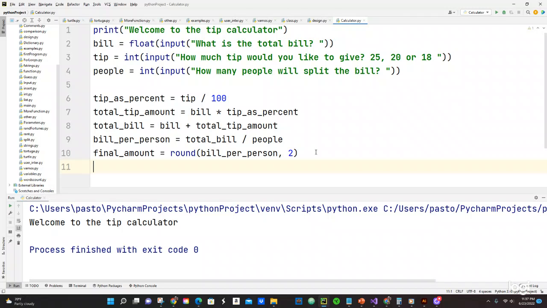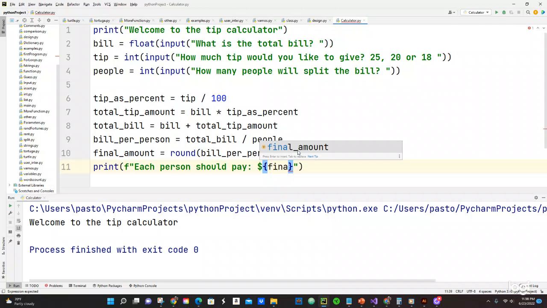Now we're going to print, and we're going to use an f string, and we're going to say "Each person should pay $", curly brackets, final amount, which is going to be that final amount.